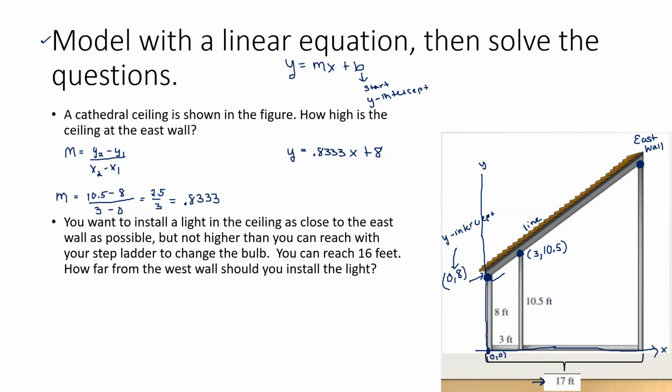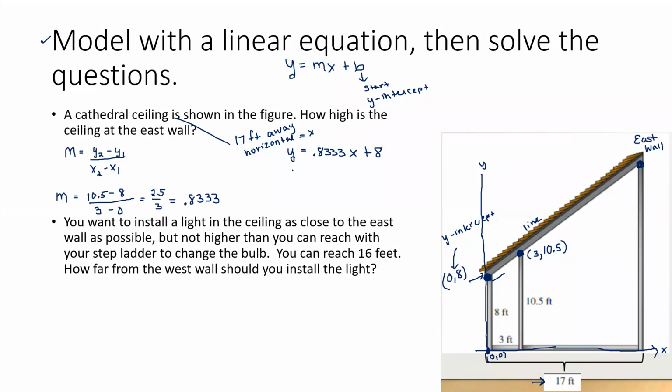So that east wall is 17 feet away. Well, that 17 feet is clearly a horizontal direction. And so since it is horizontal, it is an x value.